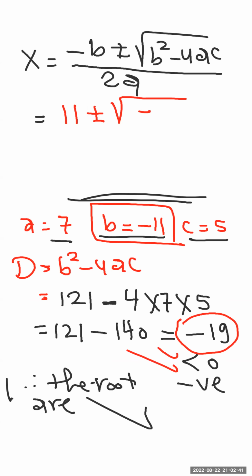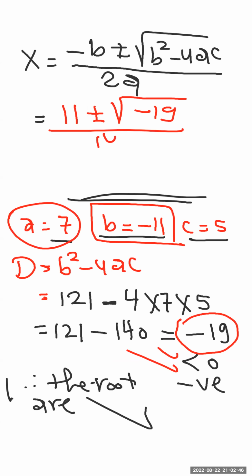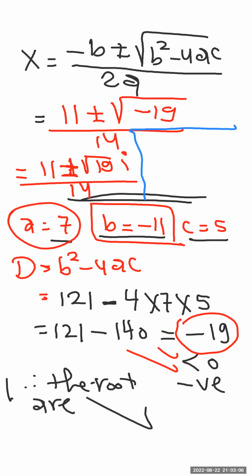So over 2a, 14. So now 11 plus or minus the square root of 19 i, over 14. So the two roots, I'm going to write here: 11 plus the square root of 19 i over 14, and 11 minus the square root of 19 i over 14. That's it.